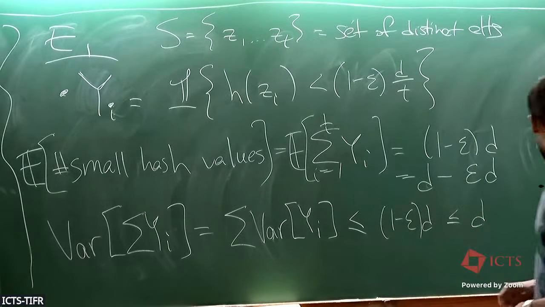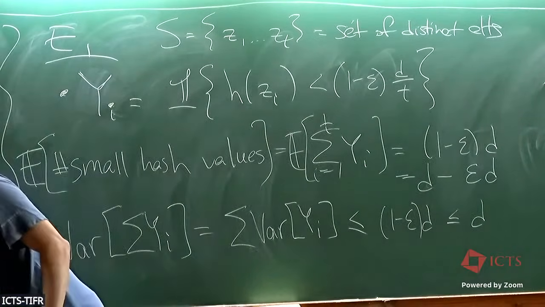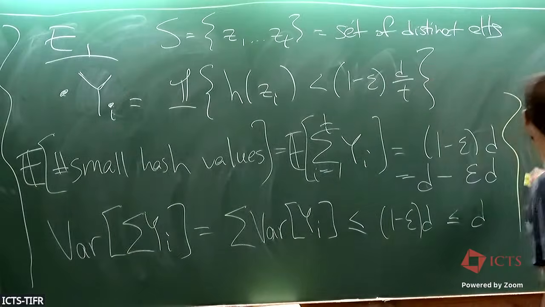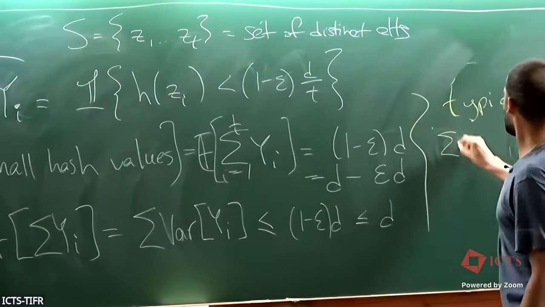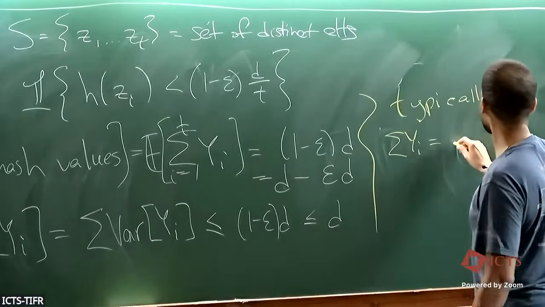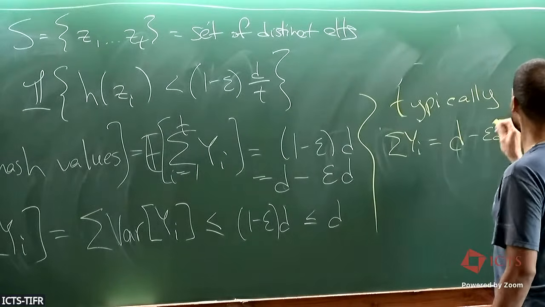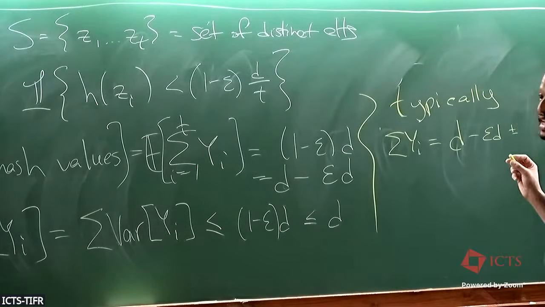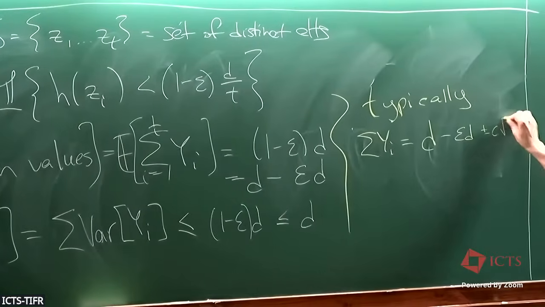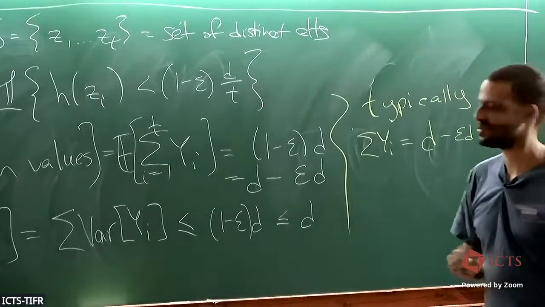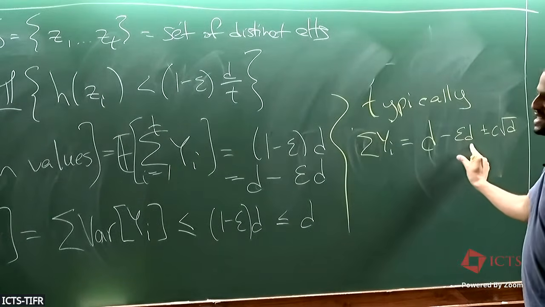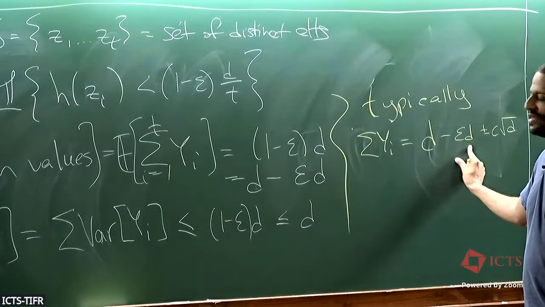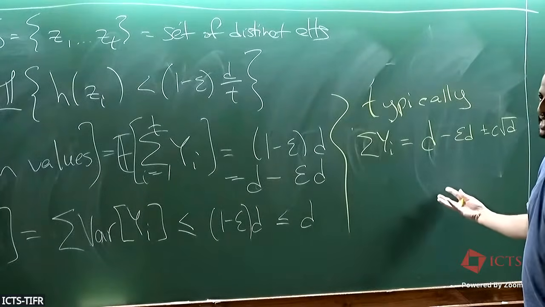So what do I know now? Typically, the sum of the yi's is going to be equal to its expectation, d minus epsilon d, plus or minus its standard deviation, which is going to be like c root d. So as long as this c root d is much less than epsilon d, then typically this thing is less than d.